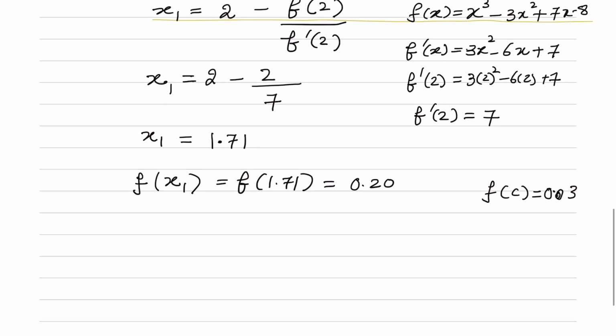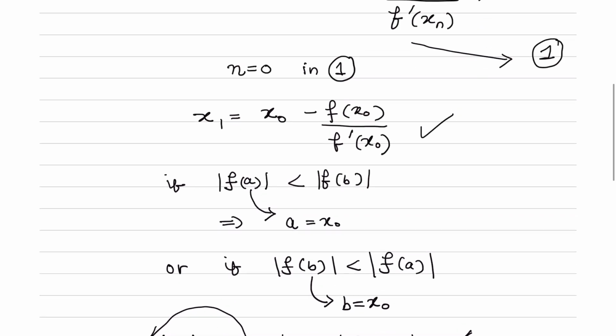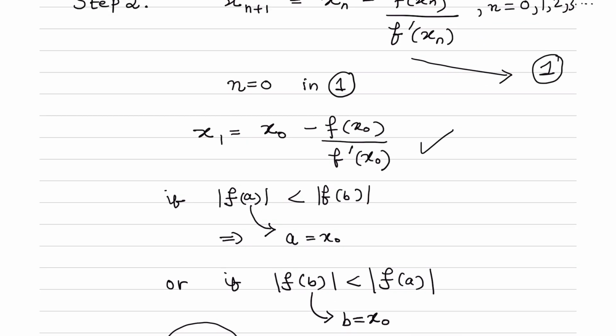So we will continue to find the next x value, and the next x value will be obtained by putting n equal to 1, because in the previous step when we put n equal to 0 in the formula, we got x1.